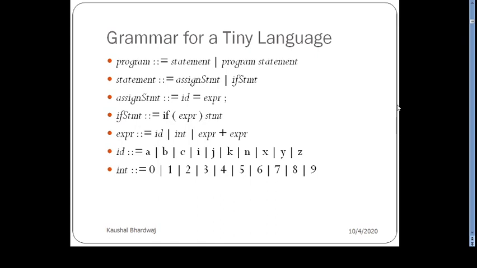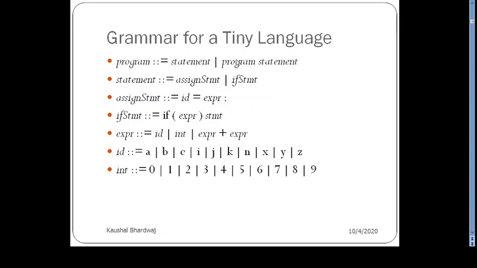See, this is something in Backus-Naur form, a grammar for a simple language, where we have this program. We want to write a program. This program will have either one statement or a piece of program and a statement.